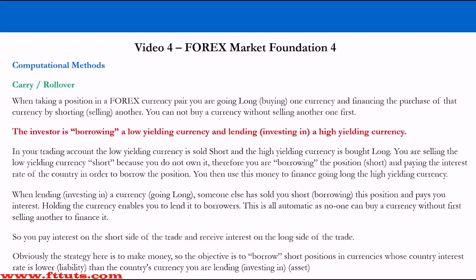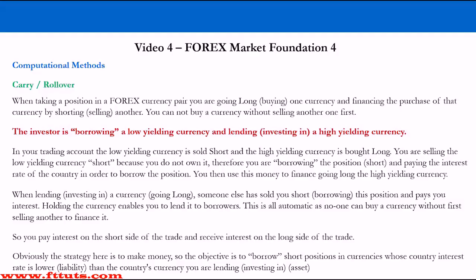And in your trading account, when you do this, it's all automatic. So the low yielding currency is sold short automatically to buy the high yielding currency. You're selling the currency short because you basically don't own it. So you're borrowing the position and paying the interest of the country that you're borrowing in order to borrow the position. And you then use this money to finance going long the high yielding currency.